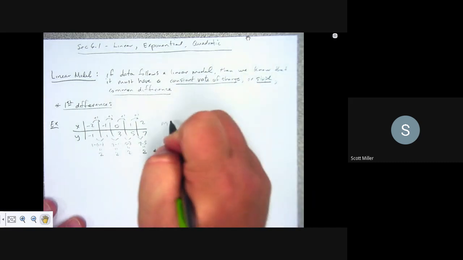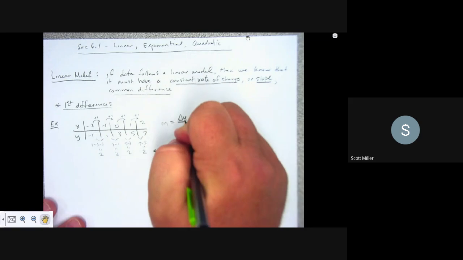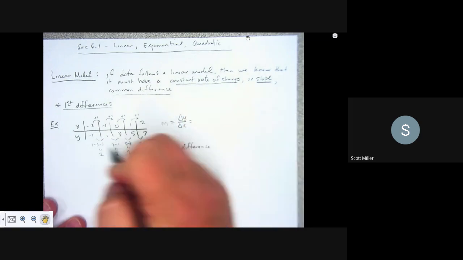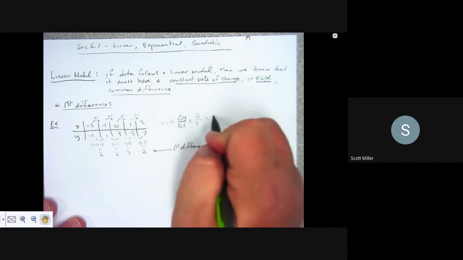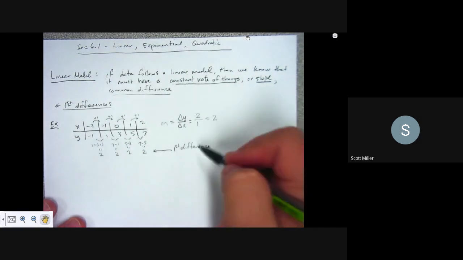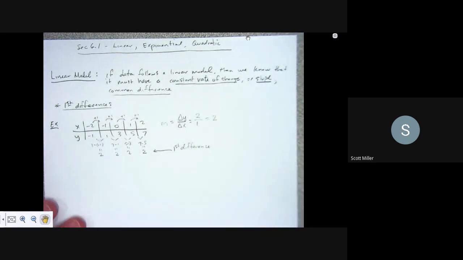Remember that the slope is the change in the y values divided by the change in the x values. The change in the y values is 2. The change in the x values is 1. This gives us a slope rate of change that is 2. And the first difference and the common difference is literally the same thing. You subtract consecutive terms and you get the common difference.